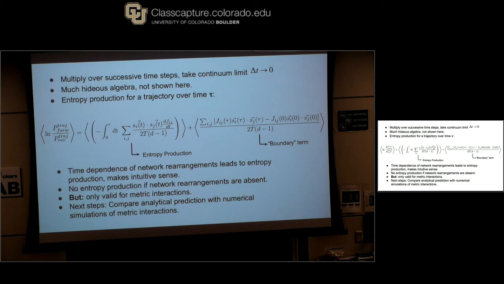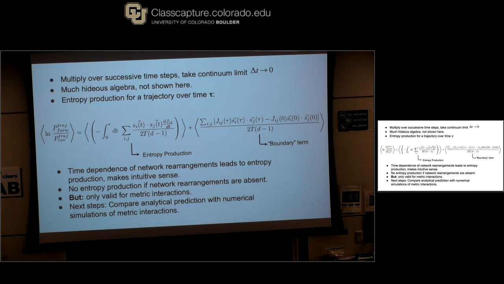And after about 20 pages of algebra, what we found was that the entropy production is made up of these two terms. The first term, which involves a time integral over the trajectory, is analogous to the term we found in the earlier slides, which had sums over intermediate times.